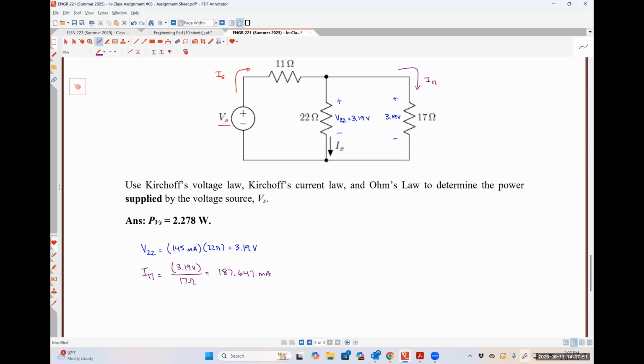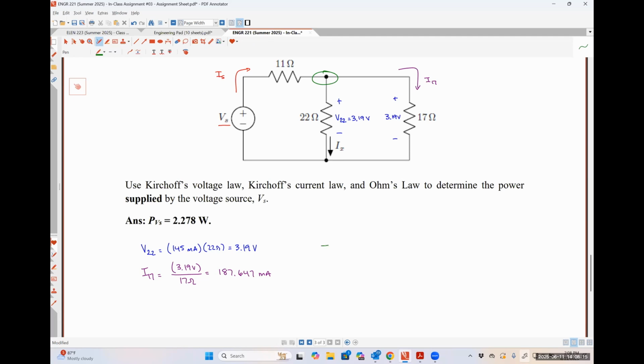So now that we know the current flowing down through the 22 ohm resistor and the current flowing to the right and down through the 17 ohm resistor, we can apply Kirchhoff's current law at this node in order to find that unknown current Is.